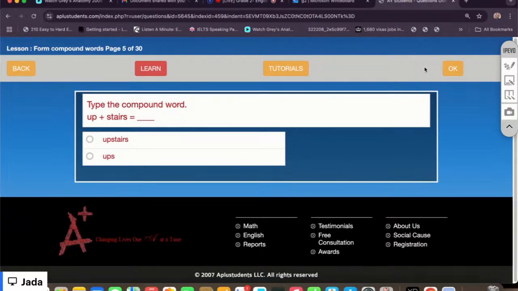So we have up plus stairs. What would be our compound word here? Okay, so we have upstairs.